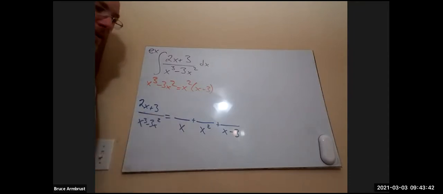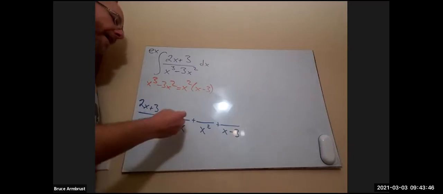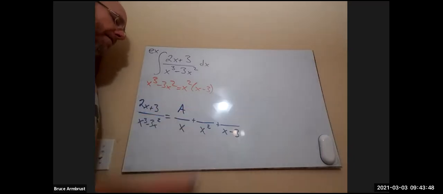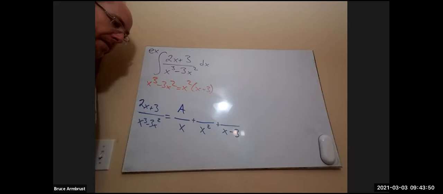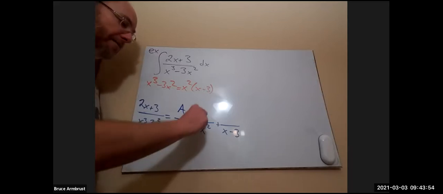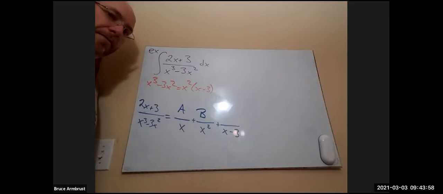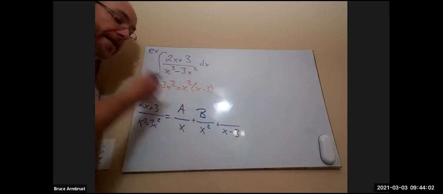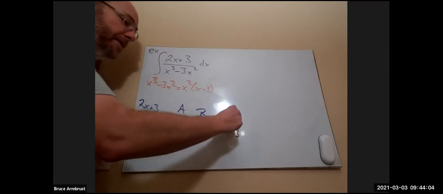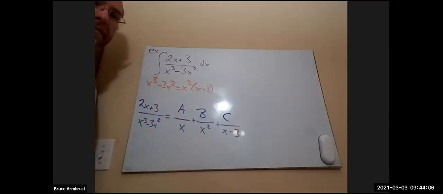All right, and so now I need to put tops on these. Well, x is a linear factor, so that just gets an A. X squared, I know it's squared, but it's still a linear factor, so it just gets a B. And then this last guy, that x minus 3, it's linear, so it gets a C.